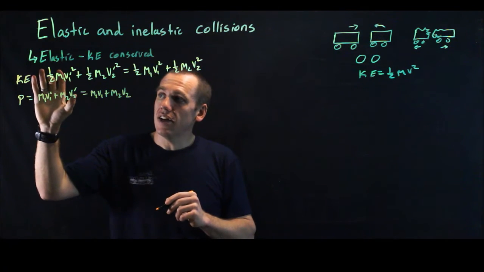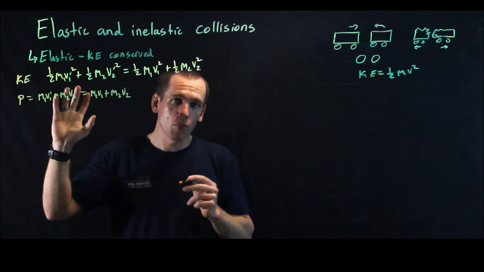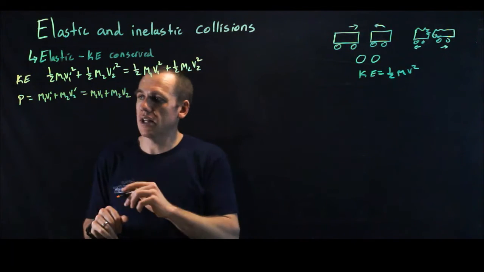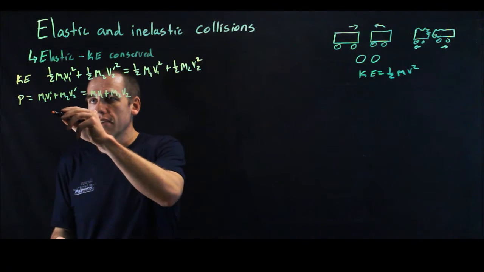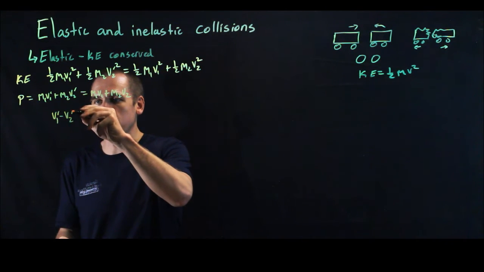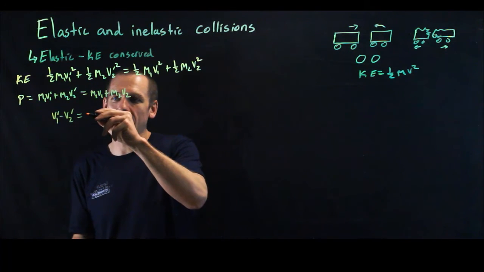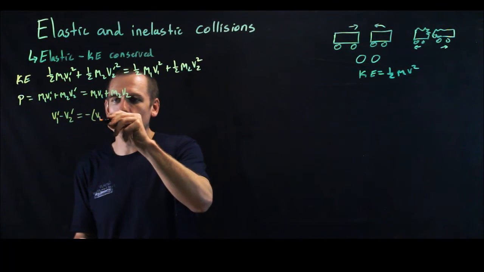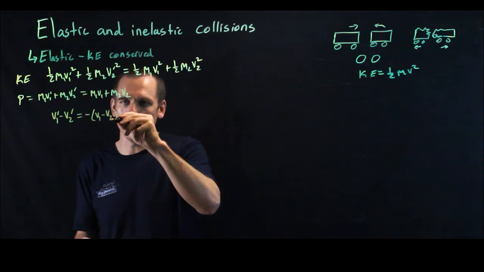If we take this law and combine it with this law, we can get, through a whole bunch of algebra that I don't have to go through, that V1 prime minus V2 prime is equal to the opposite of V1 minus V2.